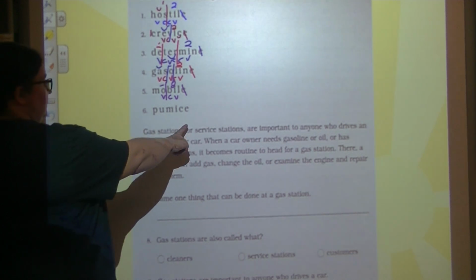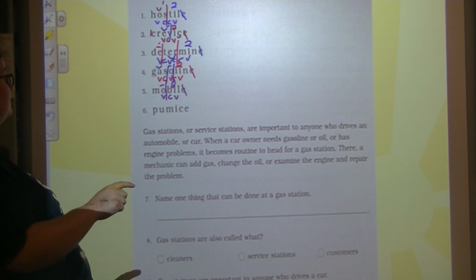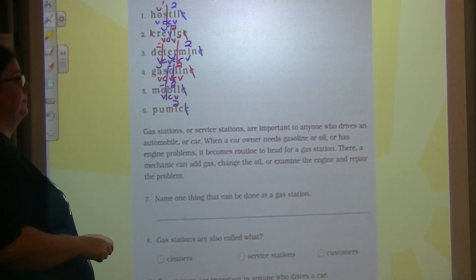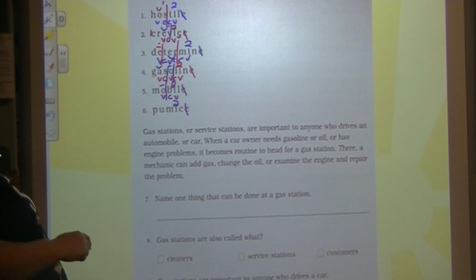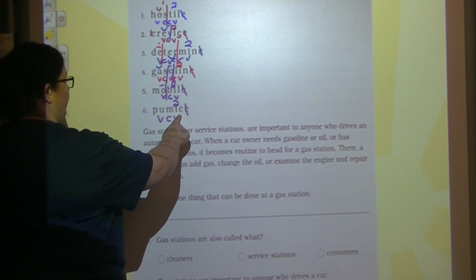And number 6, I-C-E, French ending. So we put a schwa sound. Vowel, consonant, vowel.